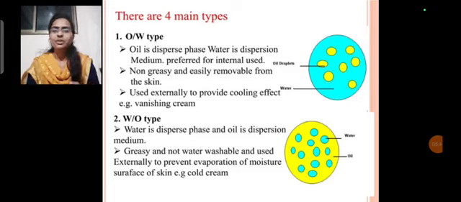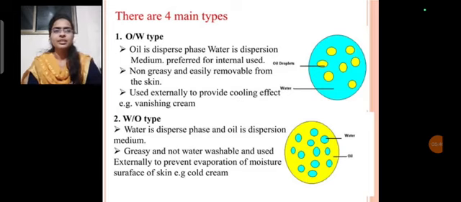In O/W type of emulsion, oil is present in the disperse phase and water is present in the continuous phase. It is preferred for internal dosage form as well as external application.